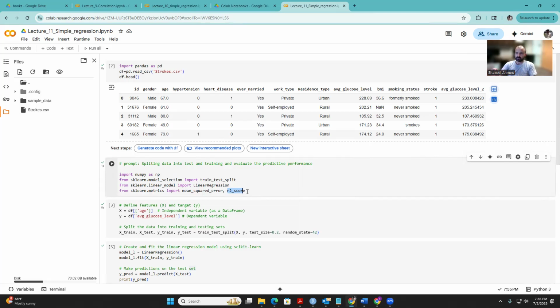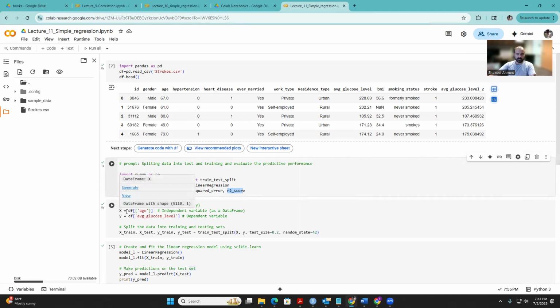For these 20 observations, we have both predicted values and observed values, and the difference between these two values is called the residual. The sum of squared residuals is mostly used as a performance measure, and if we divide the sum of squared residuals by the degrees of freedom, we get the mean squared error. So let's do this in Python.